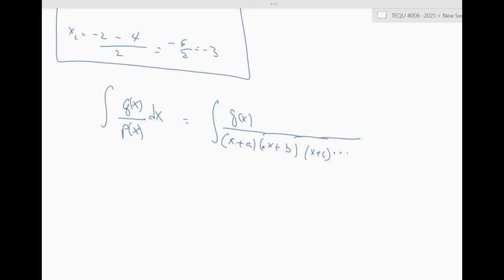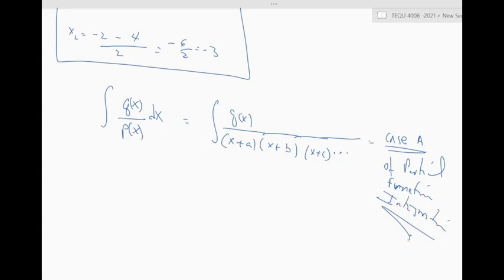You can factorize like that, then this is what is called case A of partial fraction integration.